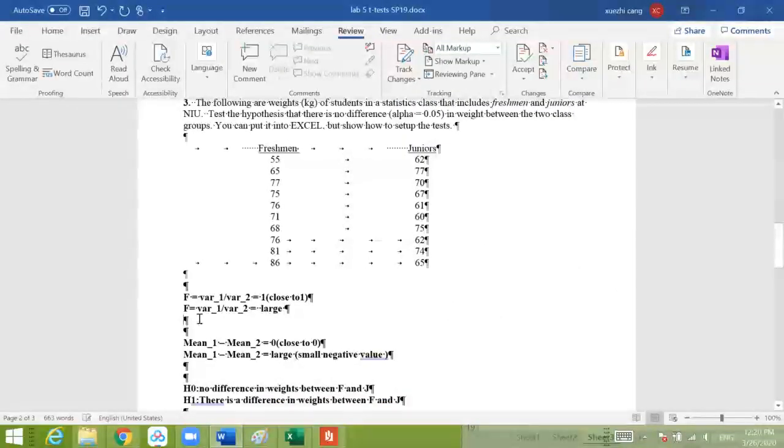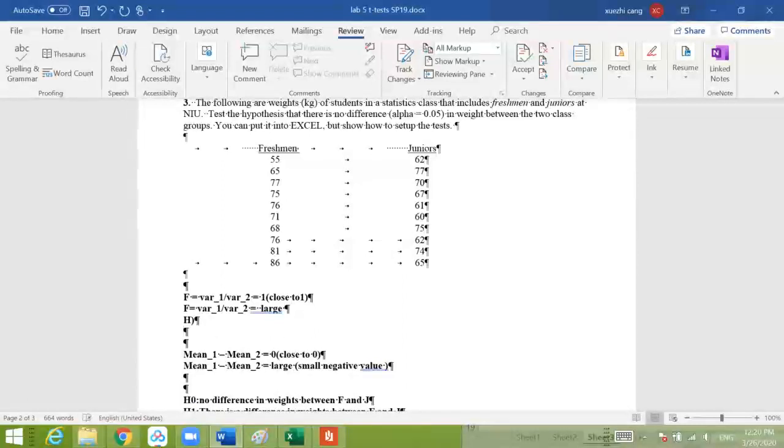So let's write our null hypothesis and our alternative hypothesis for the F-test. The null hypothesis is their variances are equal.